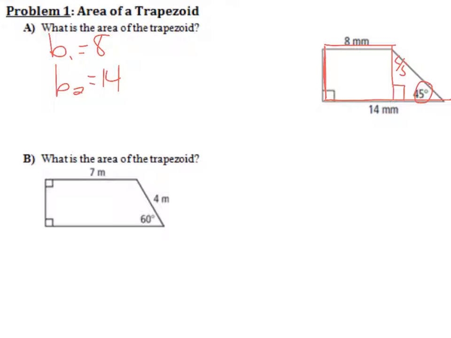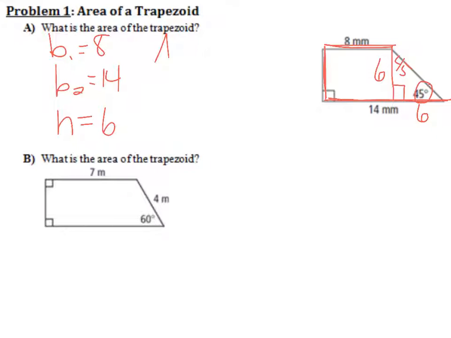And I can find this length on the bottom. If this bottom whole thing is 14, this top is 8, that leaves 6 left for this triangle side. And since it's a 45, 45, 90, if this bottom length is 6, this length on the left is 6. So our height is actually going to be 6.